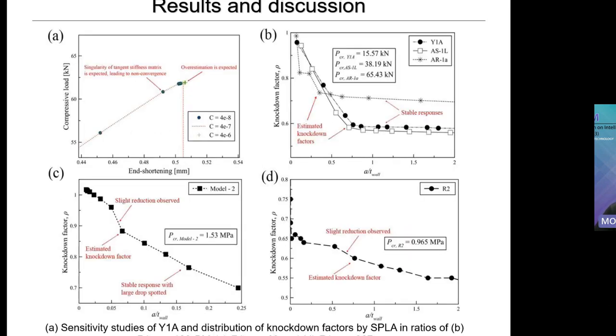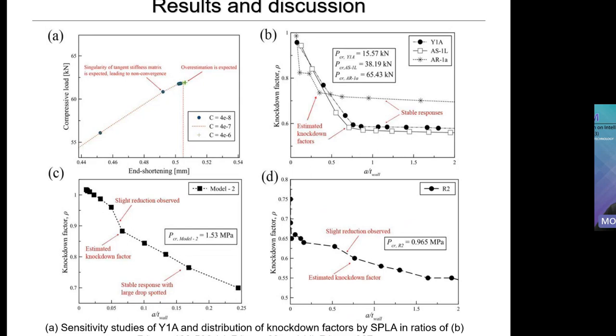Here are some results where photo A depicts sensitivity studies of the Y1A shell and distributed nodal factors by the SPLA, in the ratio of R over T wall from 462 to 506.